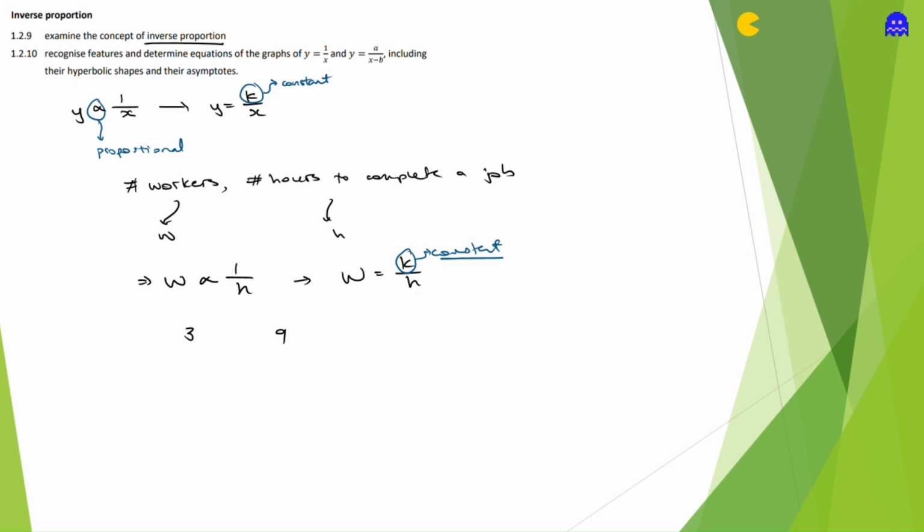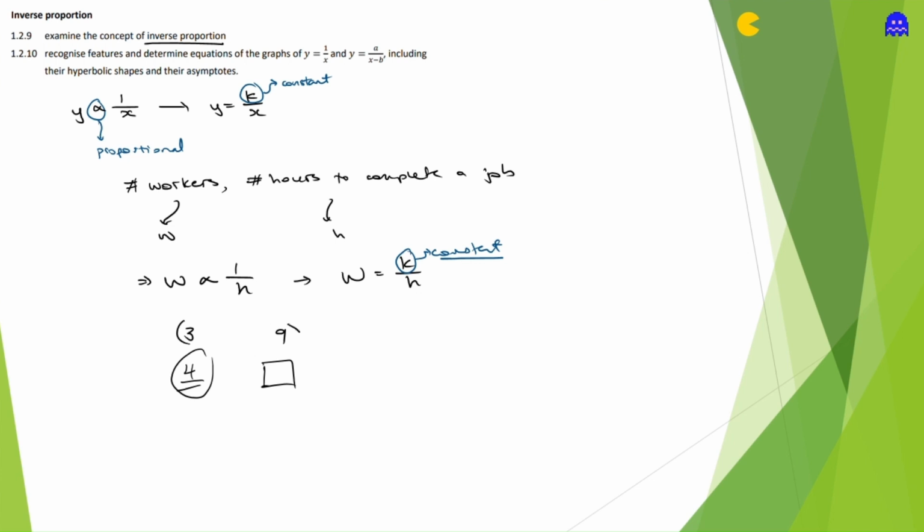And then we want to figure out how long it would take us if we have 4 workers, we would suspect that this number of hours to complete the job is going to be less. The important thing that we need to do to find the number of hours that would take 4 workers to do the job is by figuring out what our constant k is.